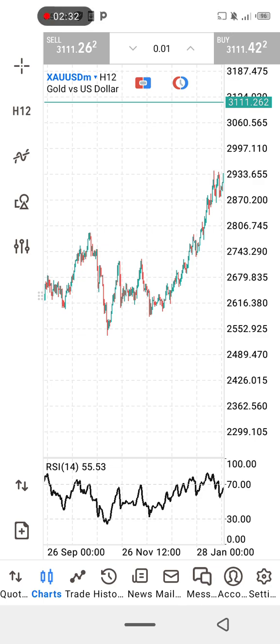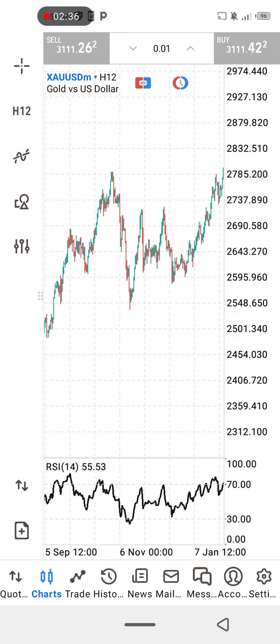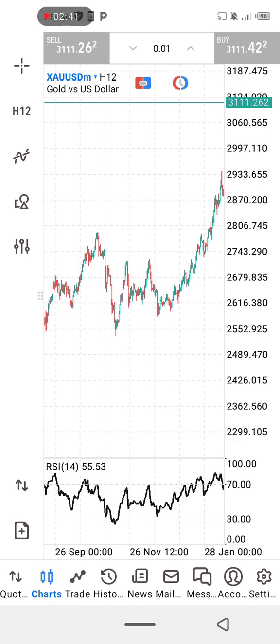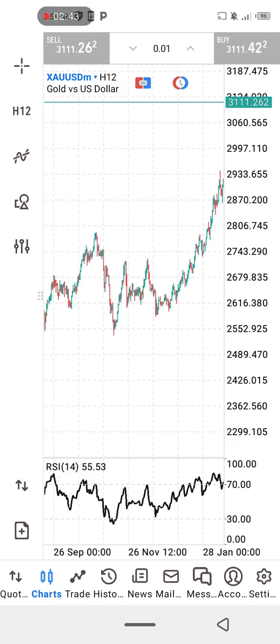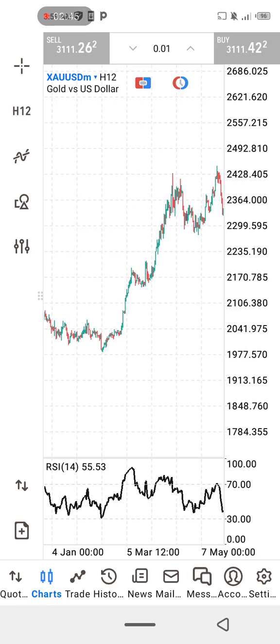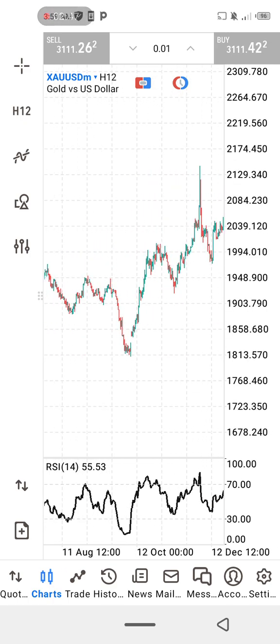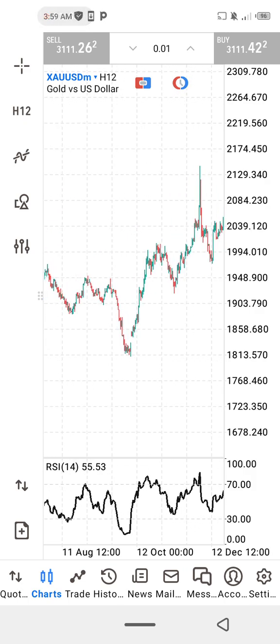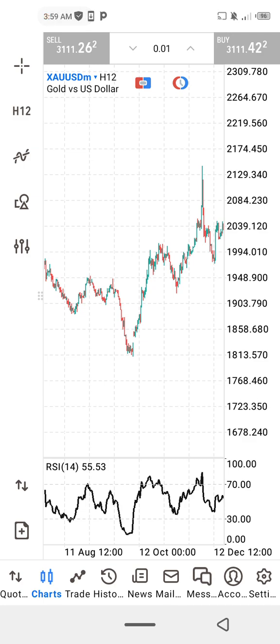So you're on a 12-hour time frame, that's my favorite. I'll be teaching you the main concept of support and resistance. Looking at this, it is obviously an uptrend. So how do we spot support and resistance?